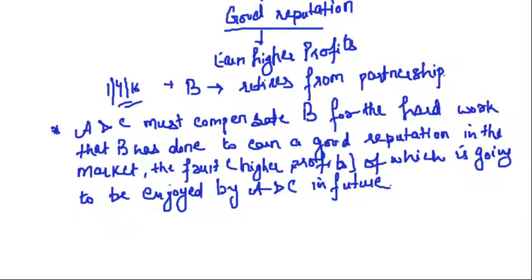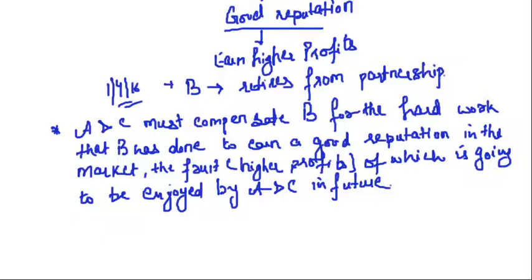Because of that good reputation, the remaining partners will enjoy a good amount of profits. Clear, friends? So this is the role of goodwill in case of retirement of a partner, that the remaining partners must compensate the retiring partner.